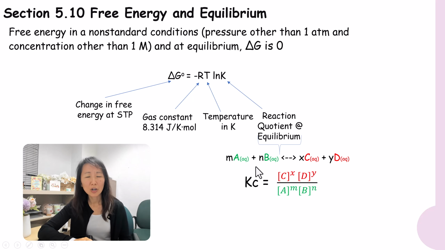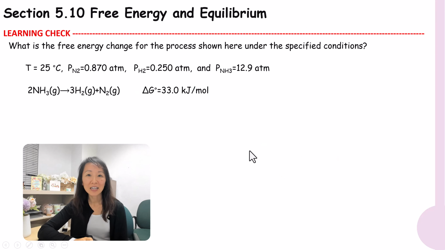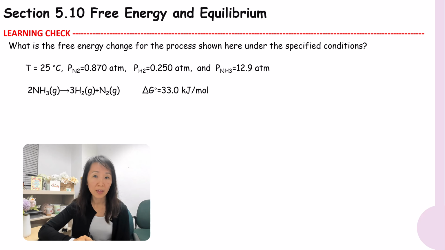So these are a lot of terminologies and equations that I have brought to you. So let's try a learning check. In this learning check, we want to know the free energy change for the process shown here under specified condition. Though it might be at 25 degrees Celsius, thinking that it is standard, it is not standard because if you look at the partial pressure of all of these guys, they do not equate to 1, nor are they at 1 atm themselves.